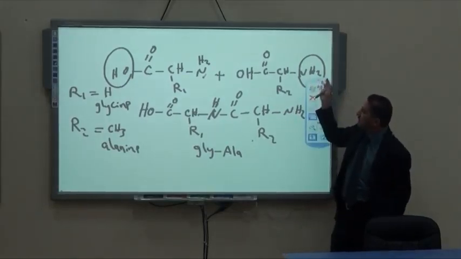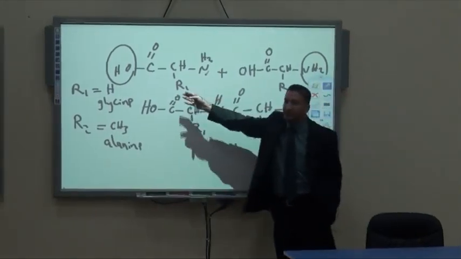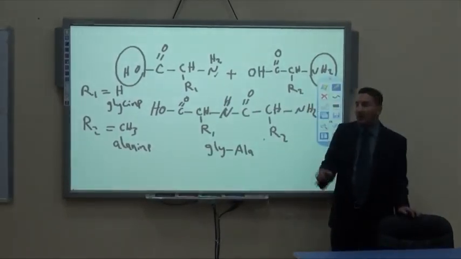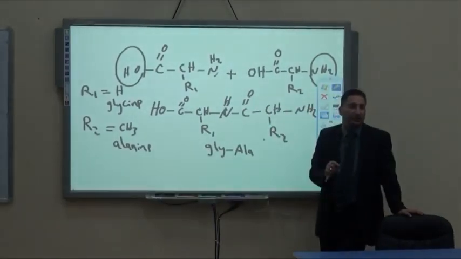But if we protect the amino group of one amino acid and the carboxyl of the second, only glycine alanine will be produced.